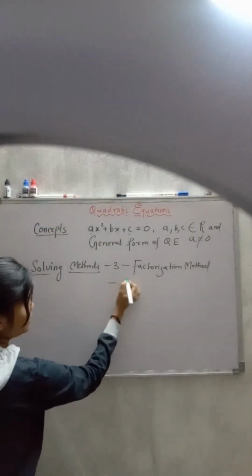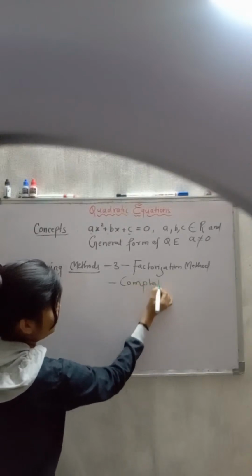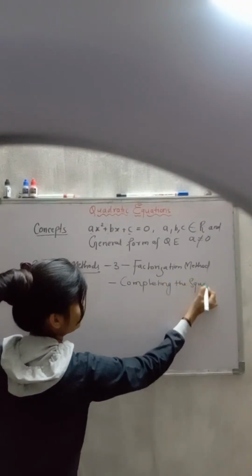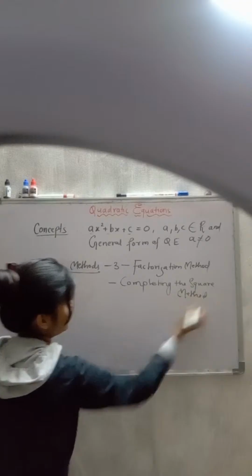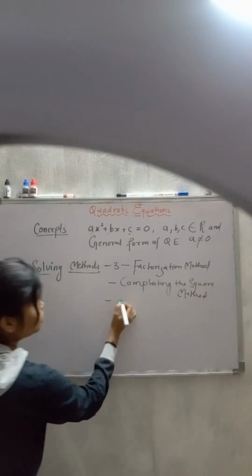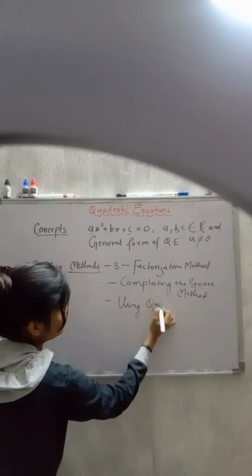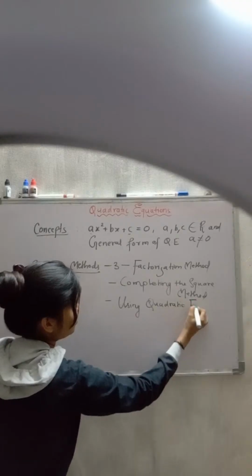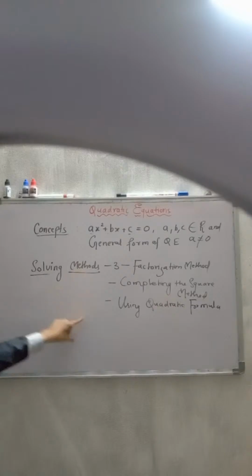Second one is completing the square method. And third one is using quadratic formula. Using any of the three methods you can solve the above quadratic equation.